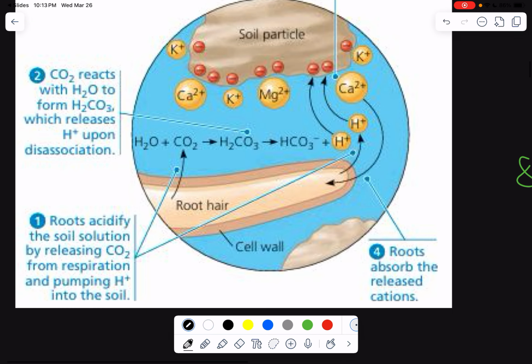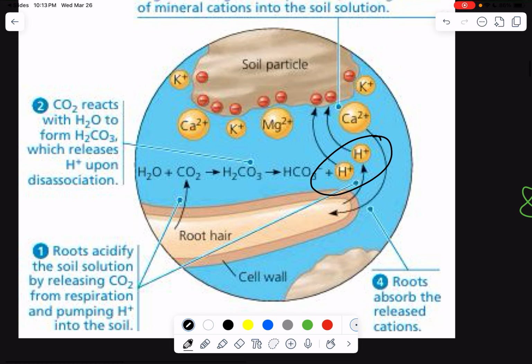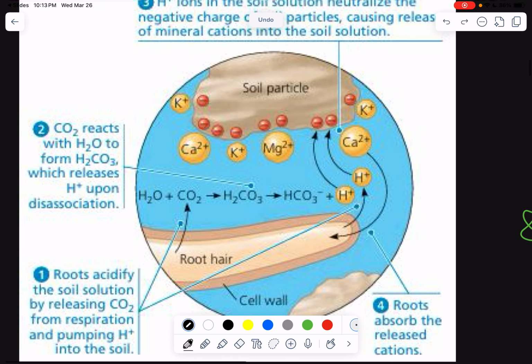As you can see here, roots acidify the solution by releasing carbon dioxide, and this causes an influx of hydrogen protons into the soil. The reason for these hydrogen ions is that when water reacts with carbon dioxide, the resulting carbonic acid will dissociate into the bicarbonate ion and the hydrogen proton.